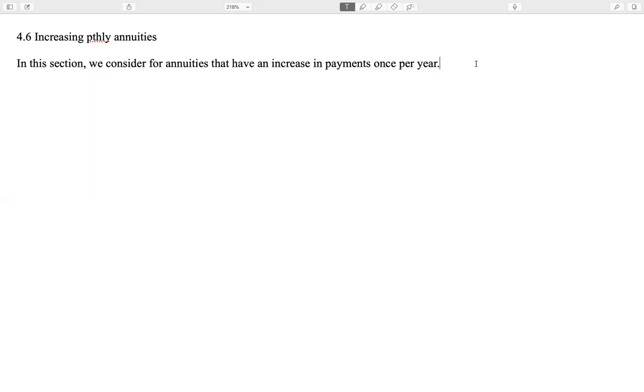In a standard setup, we have $1 in year one, $2 in year two, and so on until N dollars in year N. So that is what I meant by increase in payments once a year.